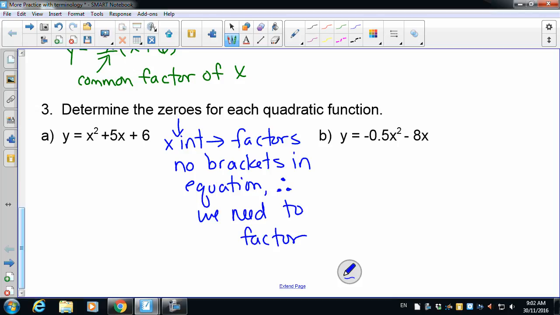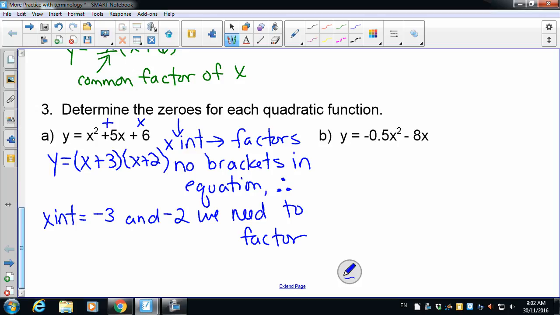All right, so I'm looking for what multiplies to get 6, adds up to get 5, and we should have plus 3 plus 2. And once I know that, I know my x-intercepts are minus 3 and minus 2. And if I do B, ooh, looks like it has a common factor, this one.